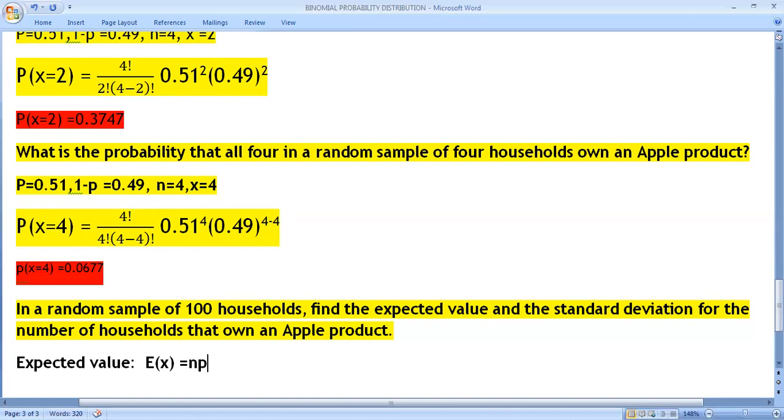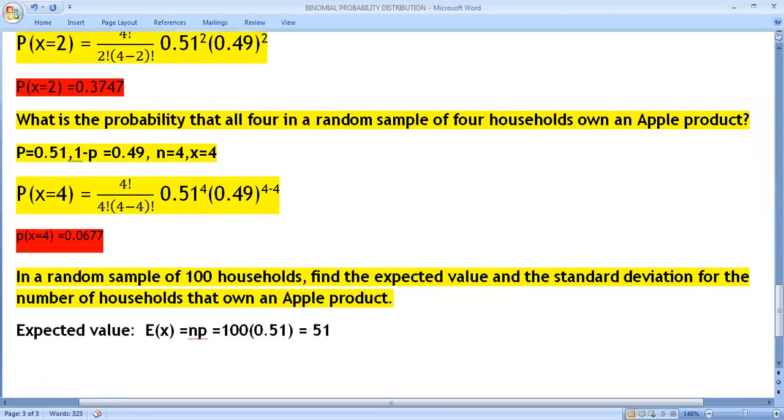And our N in this case, they're telling us that in a random sample of 100 households, so the number of trials in such a situation will be 100. So this will equal 100 times the probability of success, which is 0.51, giving us 51. So that is the expected value.